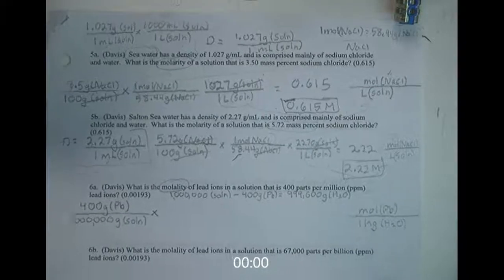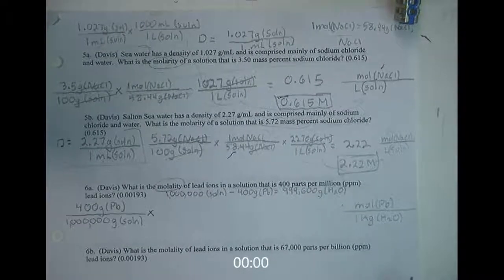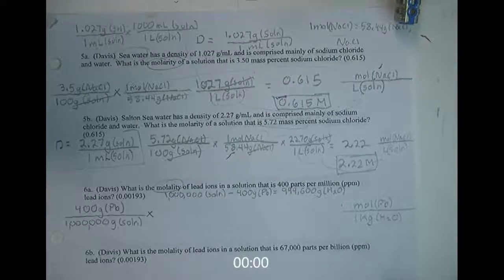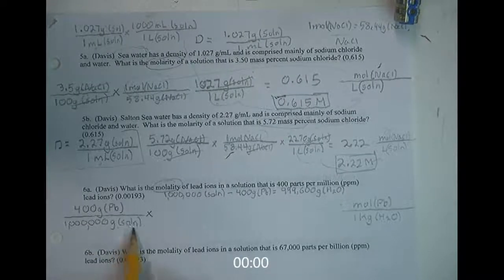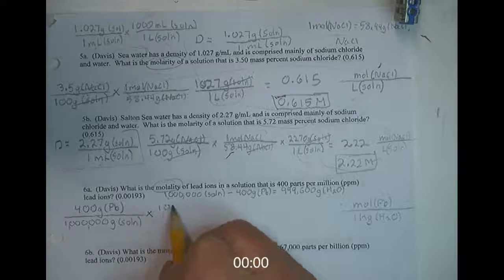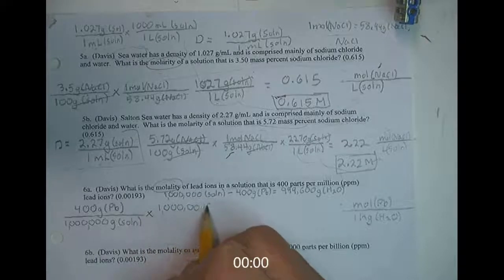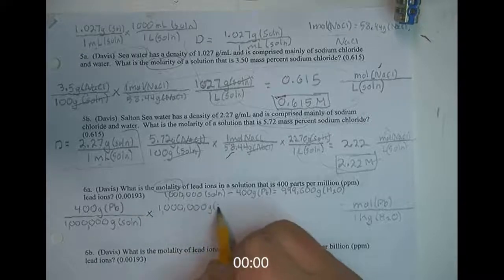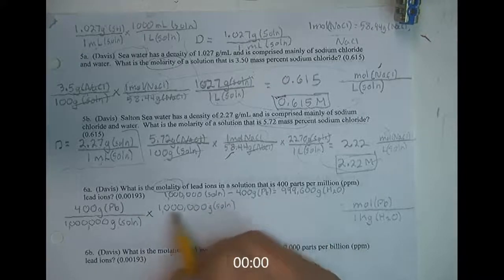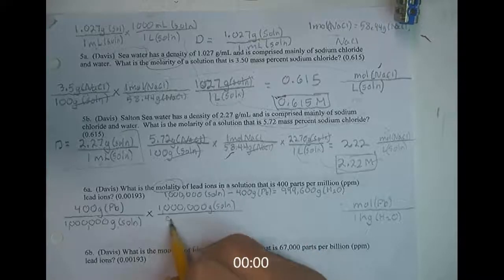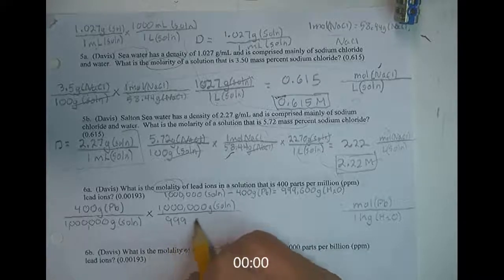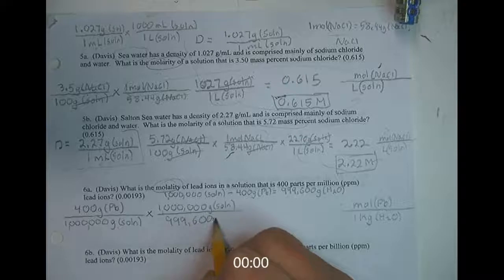We want solvent, H2O. Okay, so what we can do is then do that conversion. There's 1 million grams of solution for every 999,600 grams of H2O.